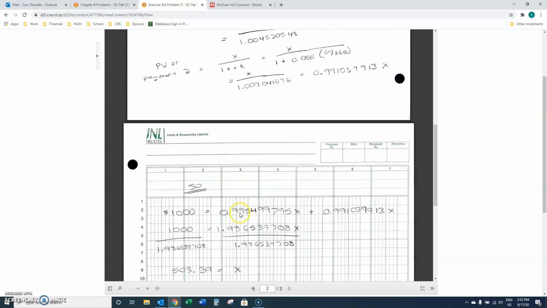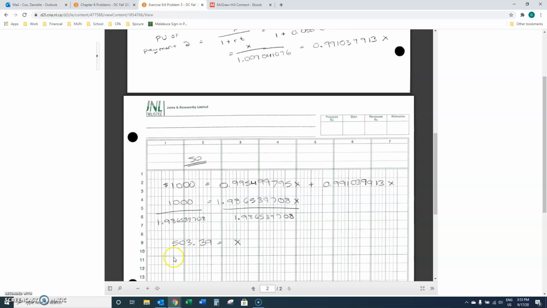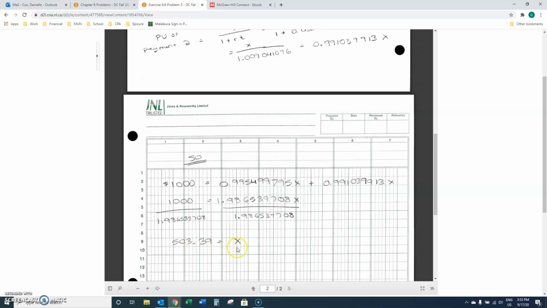Now, the next step I've done is I've added these two together. So 1,000 equals these two together. Then, because we have X over here, and we want to isolate our X, we're going to divide by this amount, which, a number over itself is 1, so that leaves us with X. And on this side we divide the 1,000 by the same number, which gives us 503.39.